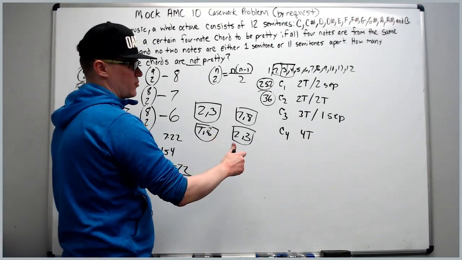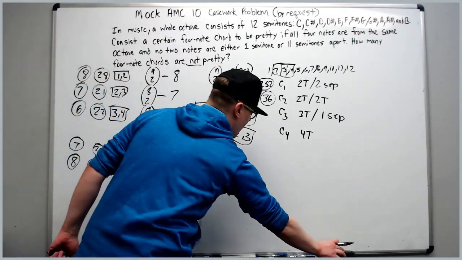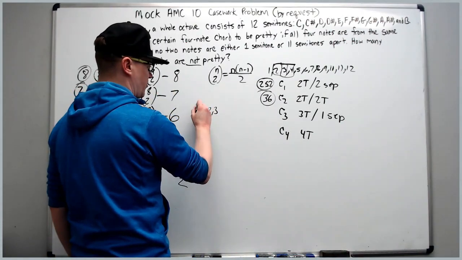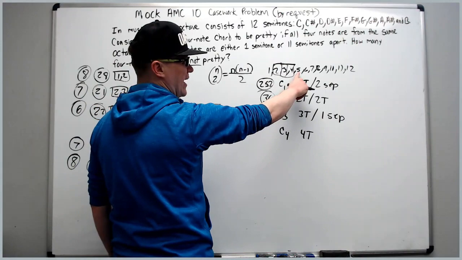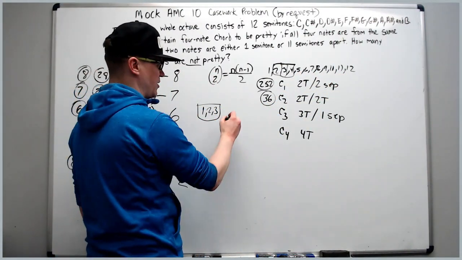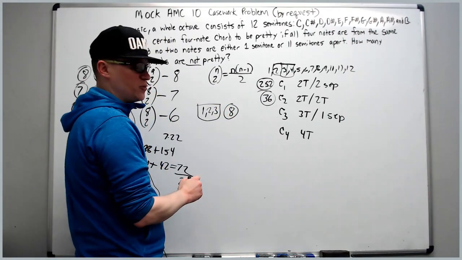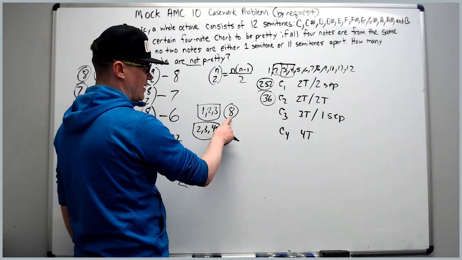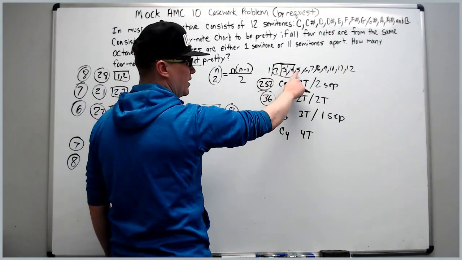We go to case 3. What if I start with 1, 2, and 3? If I start with 1, 2, and 3 as my starting block, I have access to everything 5 through 12 as the last one. That's going to be 8 different ways for it to occur. What if I do 2, 3, 4 as my starting block? Then I don't have access to 1 or 5.